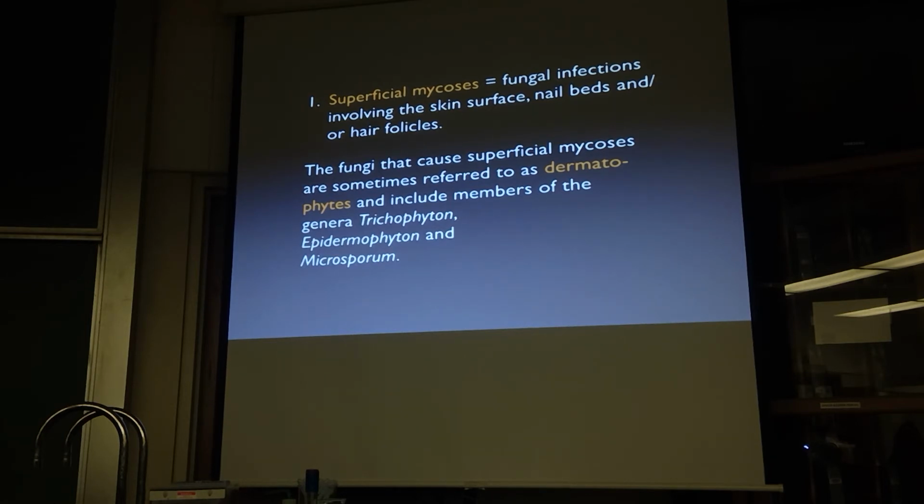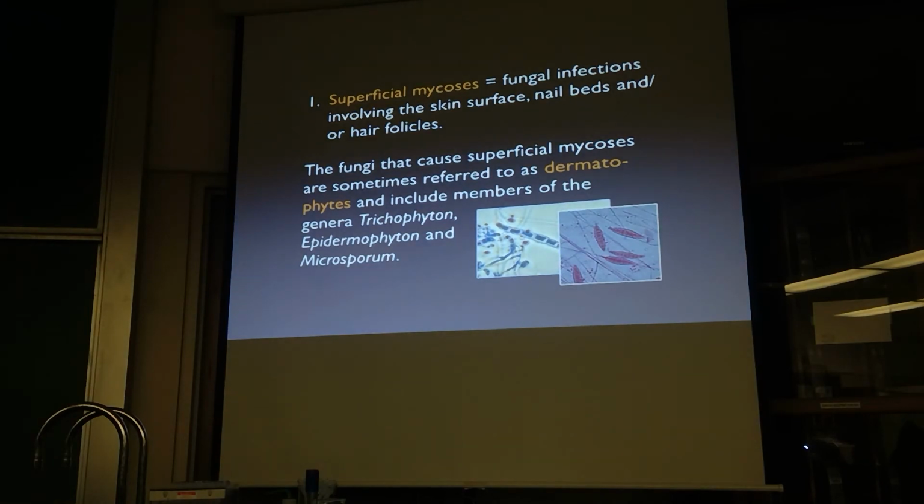Unfortunately, the term phyte means plant, and fungi aren't plants, but dermato has to do with skin. And as far as I know, that term is still used for this group. There are multiple genera: Trichophyton, Epidermophyton, Microsporum. These are 3 different genera of fungi that cause superficial mycoses.